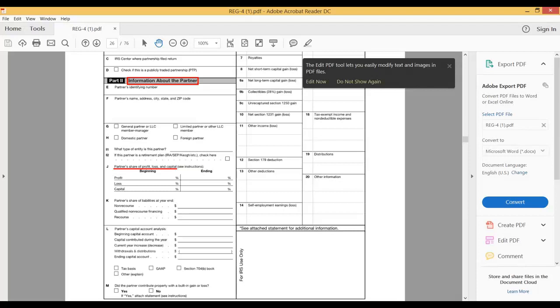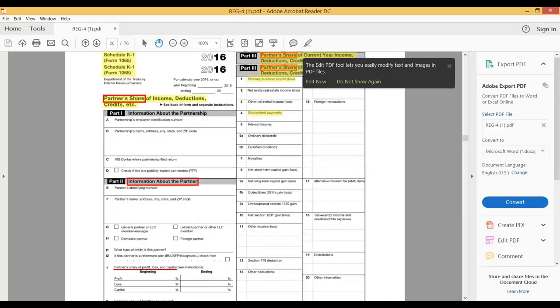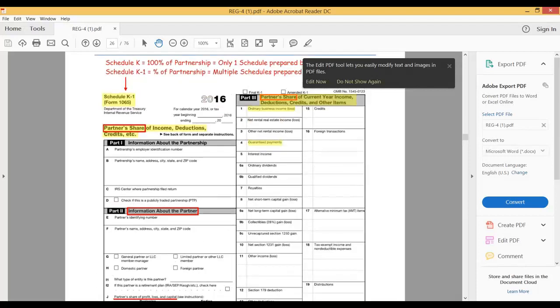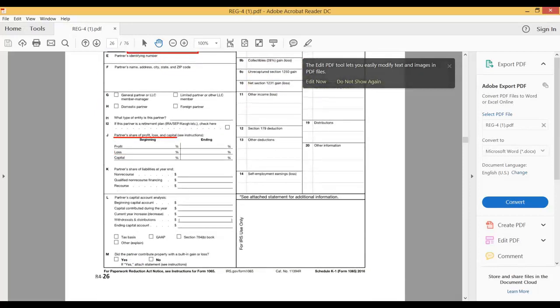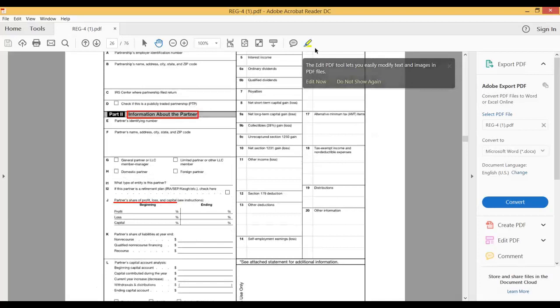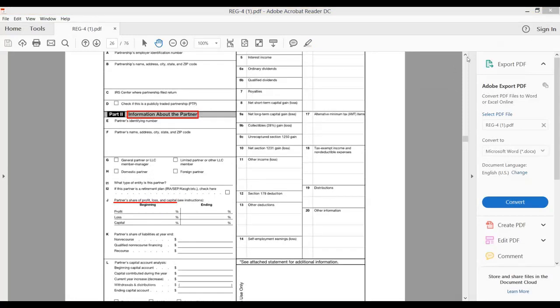The beginning and ending percentages, his capital account, and all of the income that's getting allocated to him, the ordinary income as well as the separately stated items. So this is basically the flow-through of income for a partnership. Any questions till now?